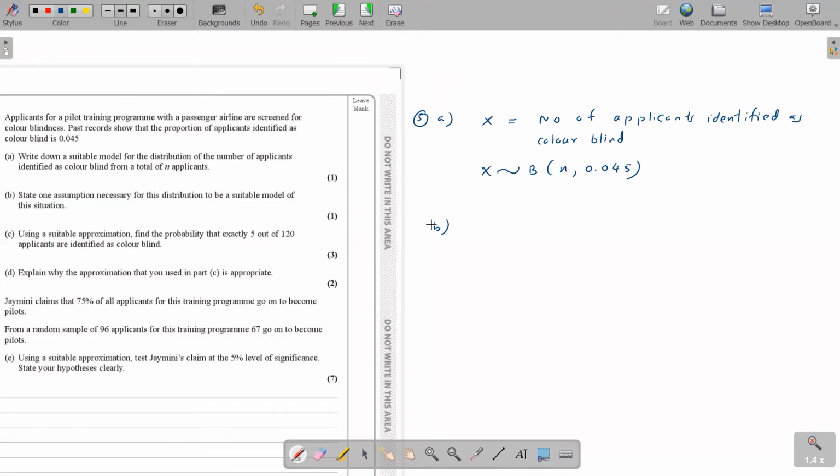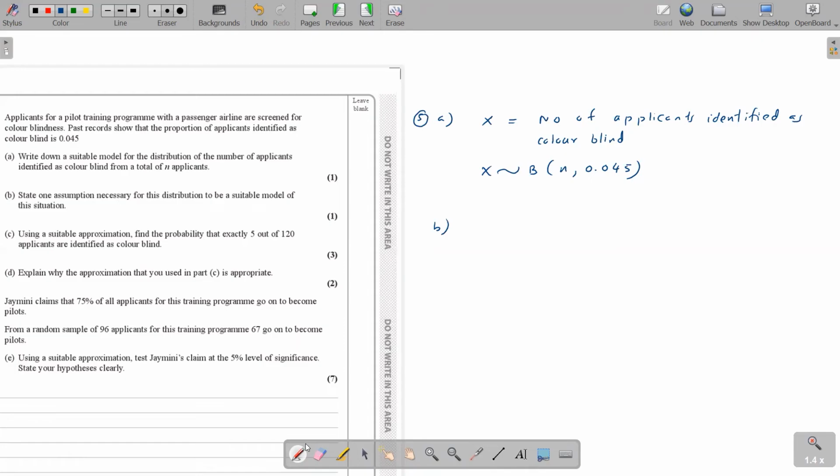Part B: state one assumption necessary for this distribution to be a suitable model of this situation. Basically, one assumption for this to be binomial. So what are the main assumptions? Independence is definitely one main assumption. Don't say the fixed number of trials because they have already used it. The next one is that the probability of success is constant. Those are the two main assumptions, and one of those two is fine. So you can say applicants being colorblind is independent.